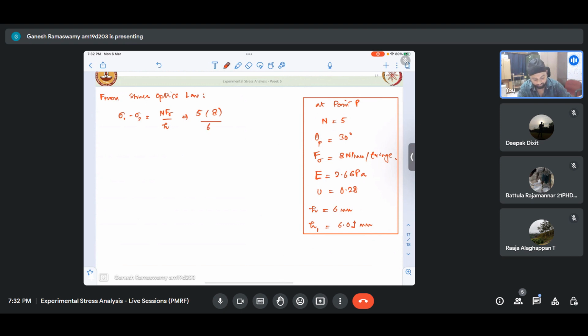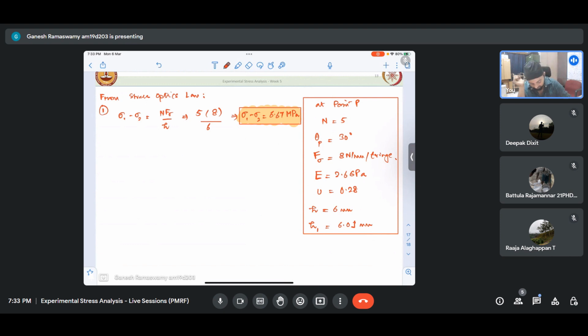So sigma 1 minus sigma 2 is nothing but 8 by 6. So it is 6.67. Yeah, exactly. So it is 6.67 units is MPa. Okay, so far so good. So the first one requires us to invoke the stress optic law.